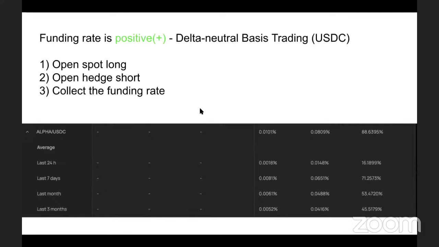So if the price goes 10% lower, then you lose a bit on your open spot long, but you gain some on the open hedge short. That basically balances out your loss on one side with the profit on the other side, and you remain delta neutral in USDC.